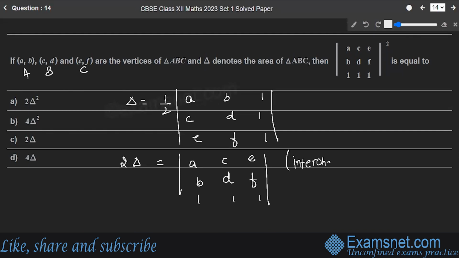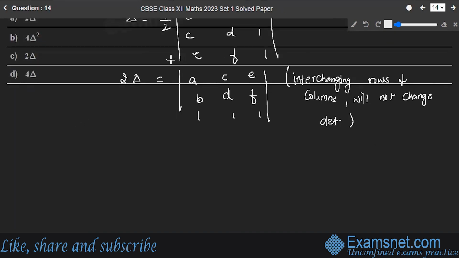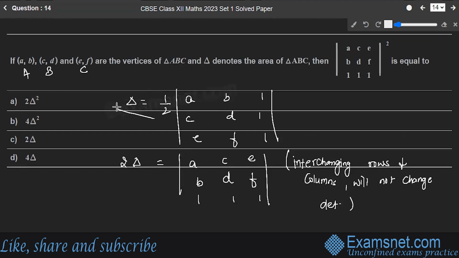The reason is that interchanging rows and columns will not change the determinant. So I can write it like this. I have multiplied this 2 on the LHS, and at the same time, I have converted the rows into the columns. Okay, fine.